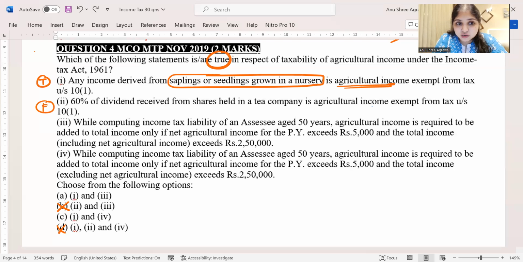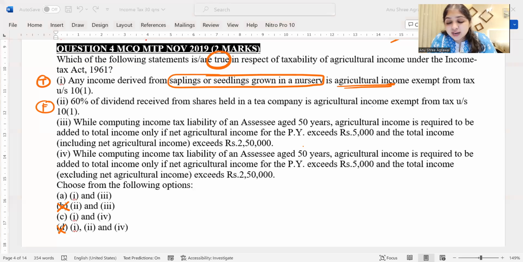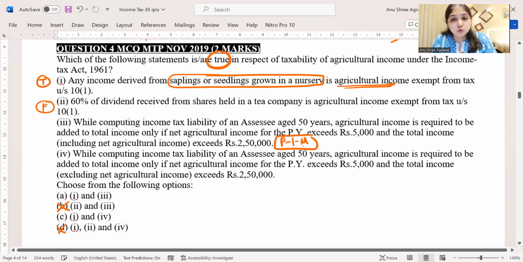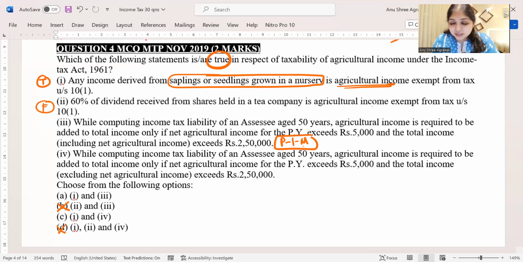Coming to the third subdivision, while computing income tax liability of an assessee aged 50 years, agricultural income is required to be added to the total income only if net agricultural income exceeds 5,000 and total income exceeds 2,50,000. Which concept are they talking about over here? They are talking about partial integration method over here. Partial integration method, tell me, when do you consider partial integration method? Net agricultural income should be more than 5,000 and the non-agricultural income should be more than 2,50,000.